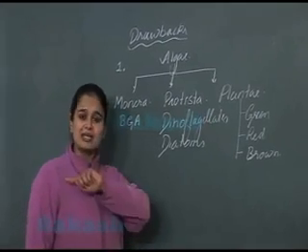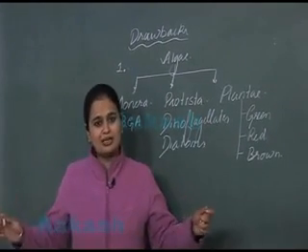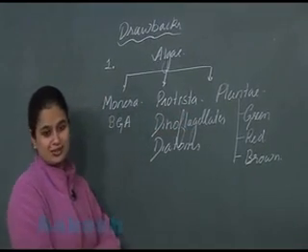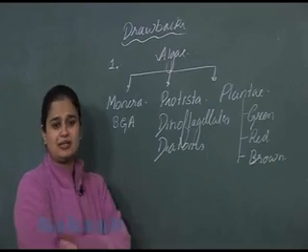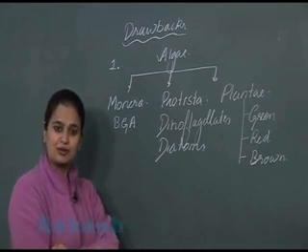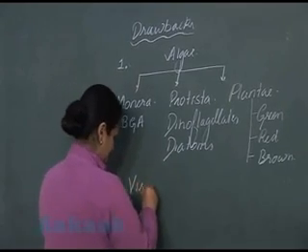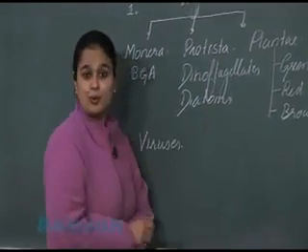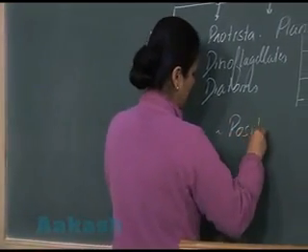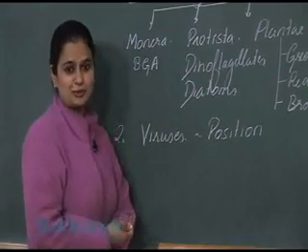So utilizing the Linnaeus classification system, all the three algae were placed together in Plantae, but Whittaker classification system divided the poor algae into three different kingdoms. Got this? Now the next drawback, viruses were not provided with any position. No status was given to the viruses.